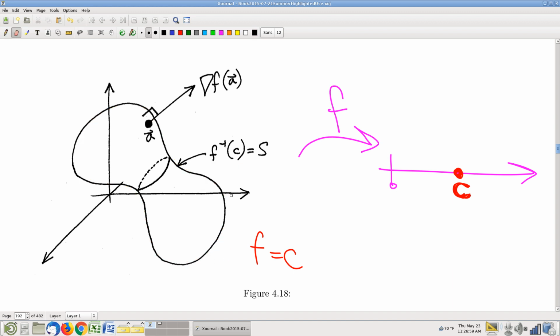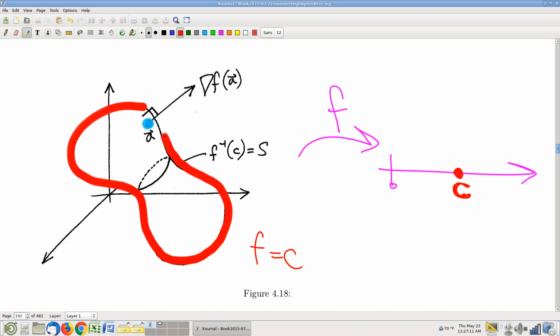The claim is that the gradient vector at a given point, specifically a point on this level set, the gradient vector of that function is always perpendicular to the level set.